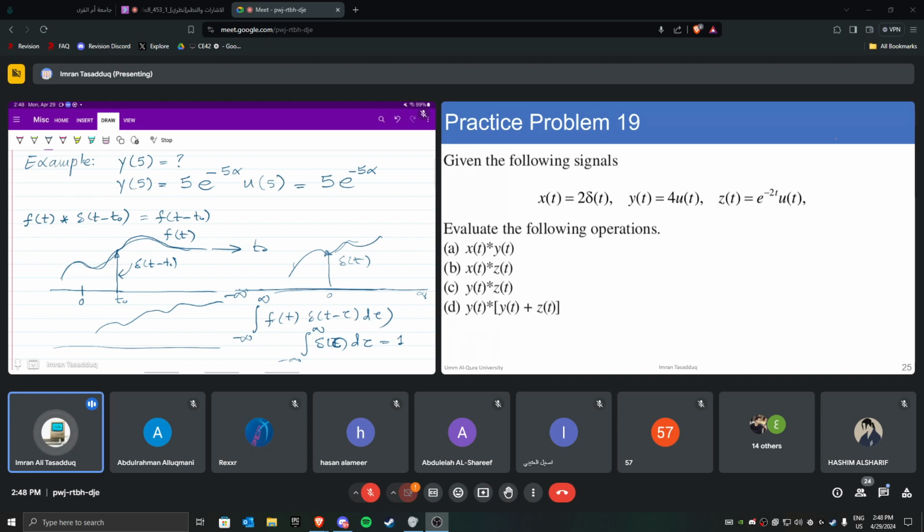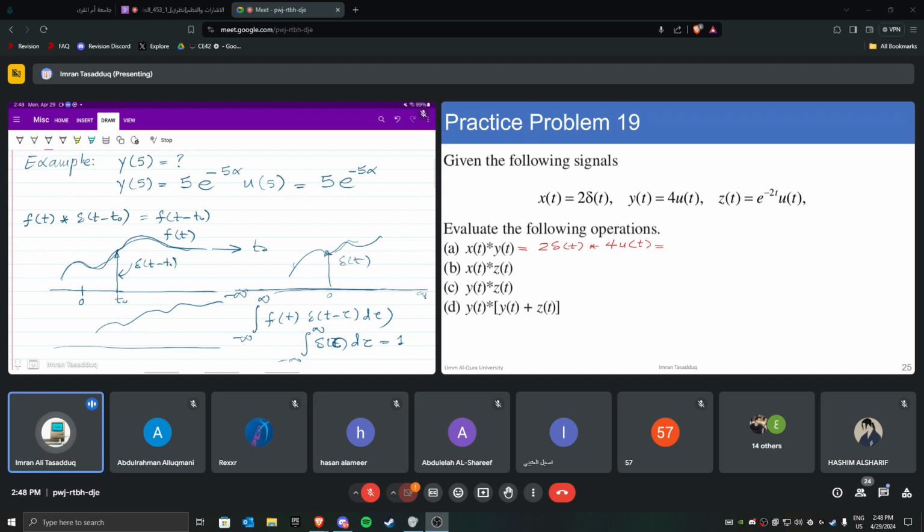So what's happening here is that this will be equal to: what is x of t? 2 delta of t. And what is y of t? 4 u of t. Now one way is that you do the whole integration, the formula and everything. Another method is that you can use the property.